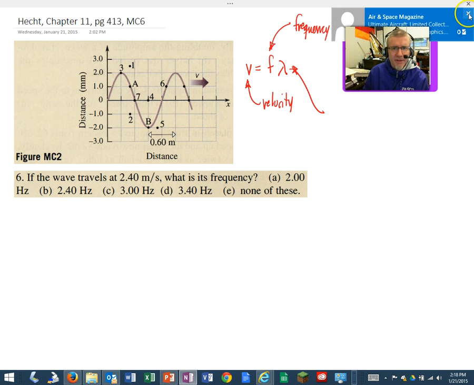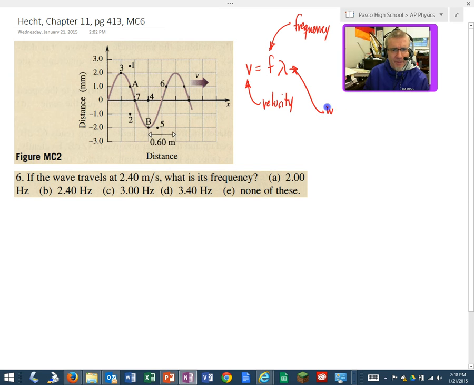So the question is, what do I have to do if I'm given a speed? So the velocity in this problem is 2.40 meters per second. What is the frequency? I have my equation. I can rearrange for frequency. So velocity divided by the wavelength equals frequency.